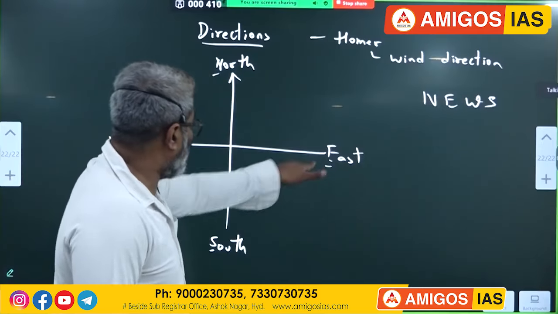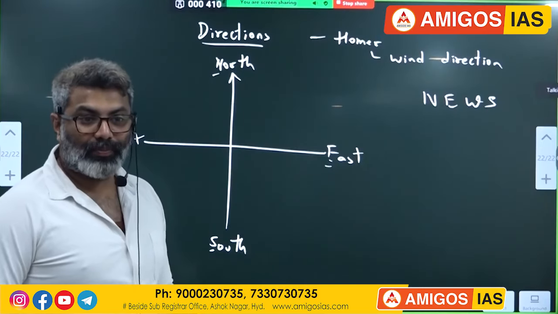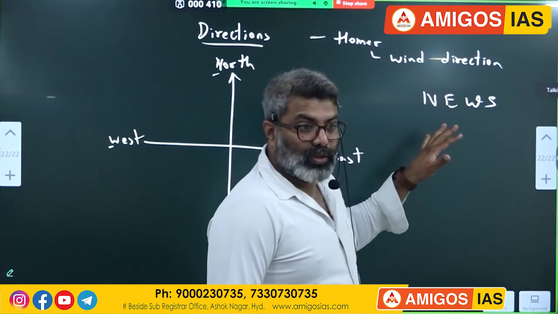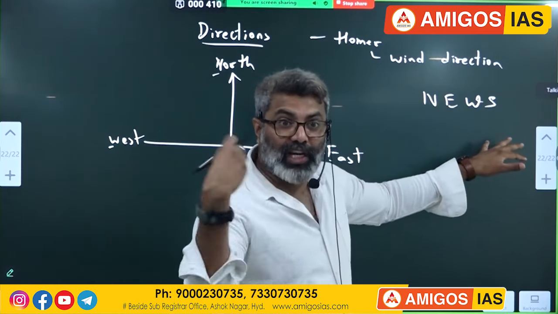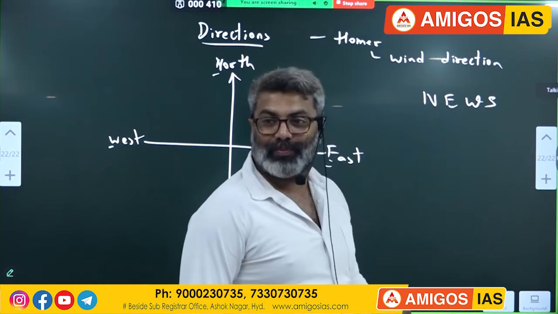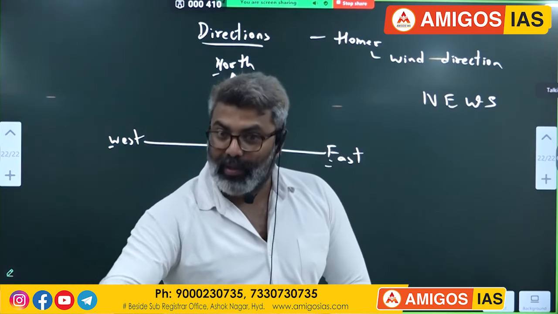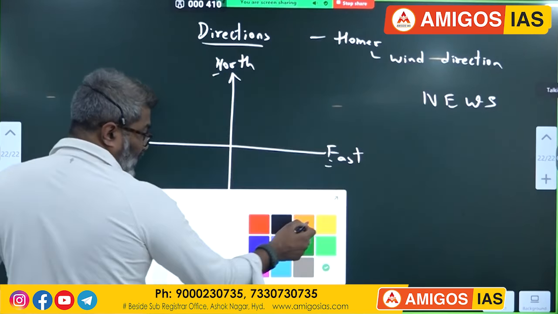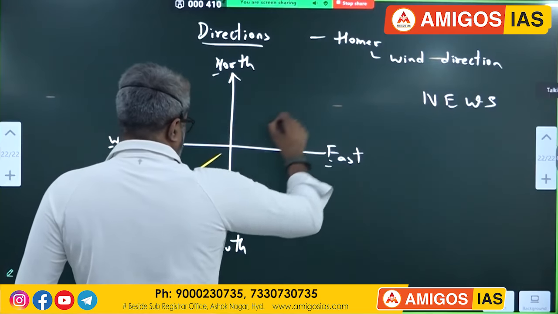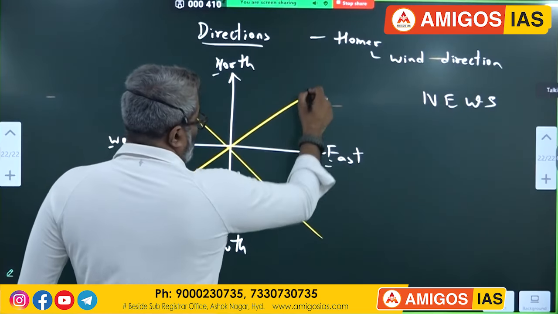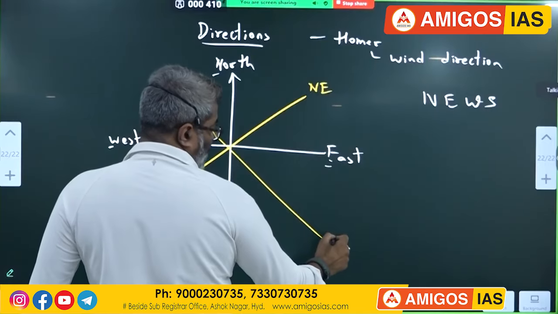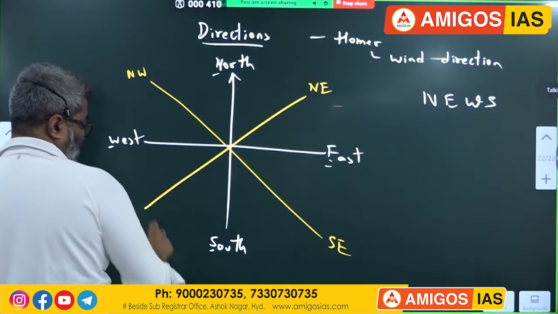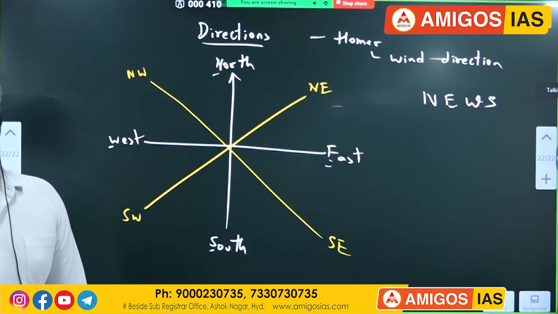The first letter of all the words is NEWS. The information we get from all directions is called news. Every day we use the words newspaper, news channel, correct? Now notice this: northeast, southeast, northwest, southwest. Other directions.